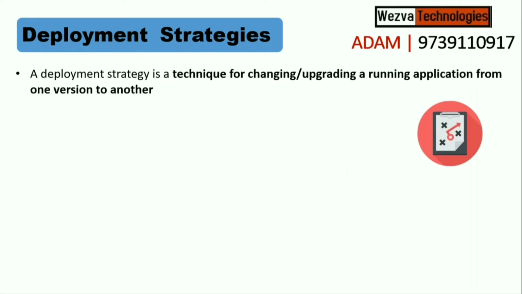Okay. So now deployment strategy is nothing but a technique in which there might be something already running, a container and an application, and now you want to replace that container with a new container, or upgrade your old container with a new container. Because what people don't think about is that you're not just going to create a container and leave it, right? Go back to your day-to-day life.